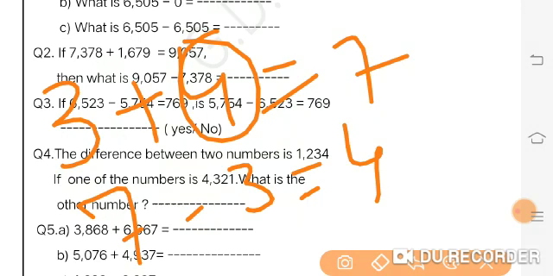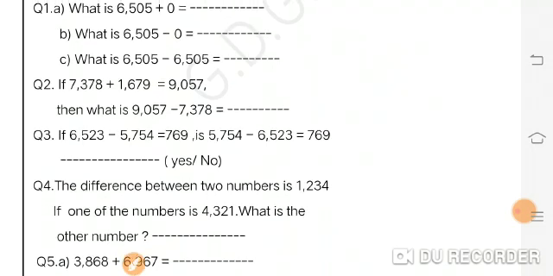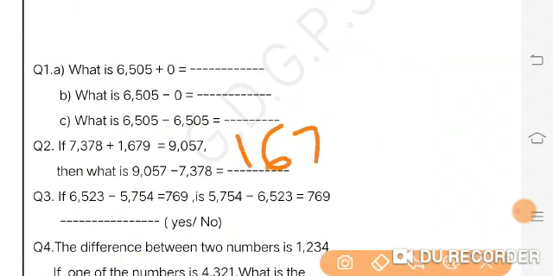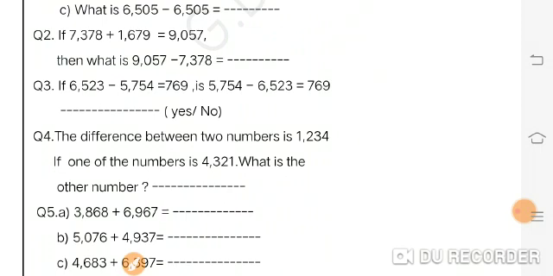Similar is the situation, so we will get this number back. So what will we get as the difference here? It will be 1679.